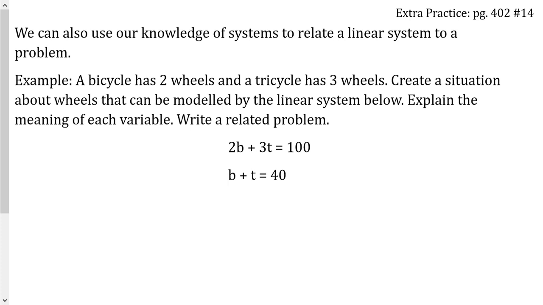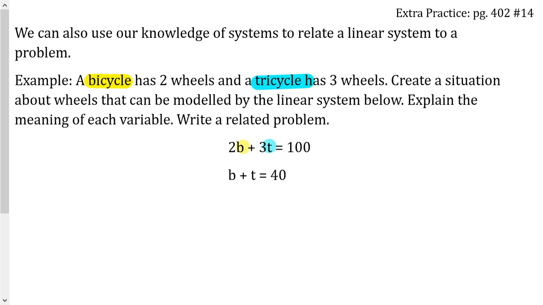So in this case, we're seeing a couple of equations both talking about B and T, assuming that B represents bicycles and T represents tricycles. We're saying that 2B plus 3T equals 100. Well, we can assume that those 2's and 3's are representing the number of wheels.